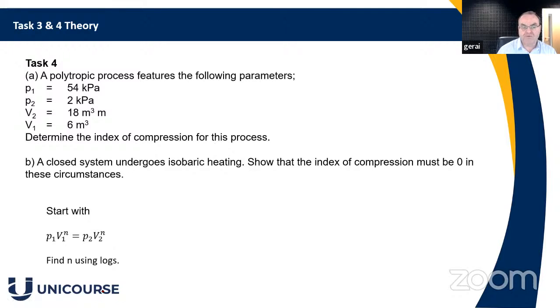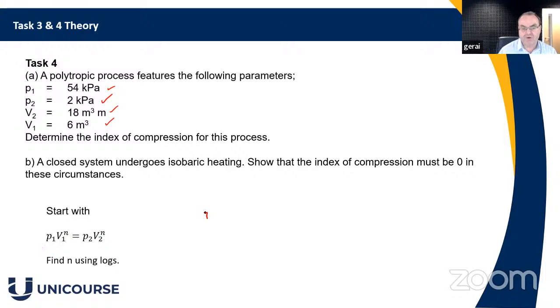So you've got to start off with P1 V1 to the n is equal to P2 V2 to the n. You've got the initial pressure, final pressure, initial volume, and final volume. Don't get them mixed up. So you have to put the values in. First of all, you might want to rearrange that.